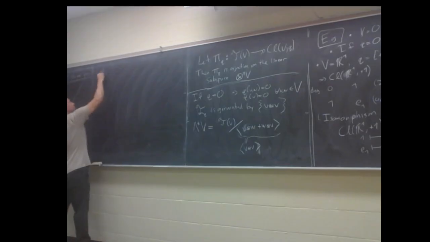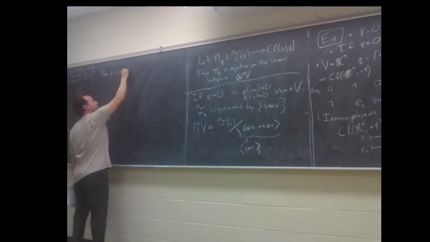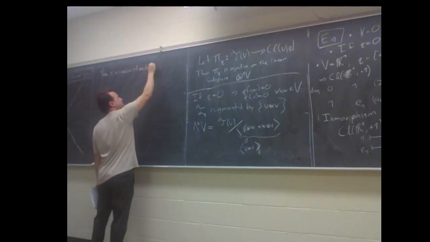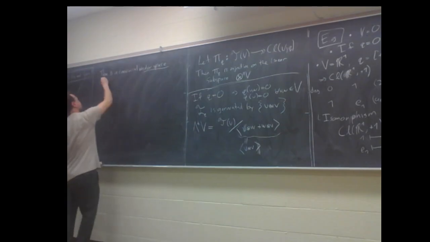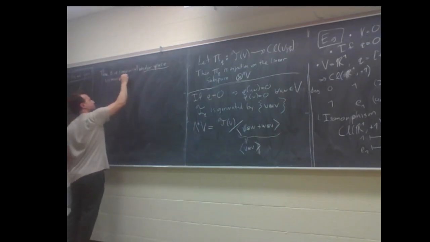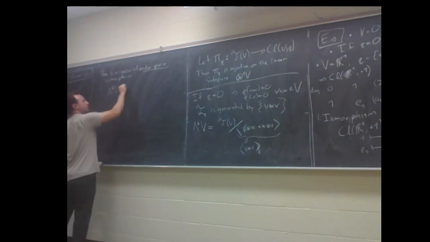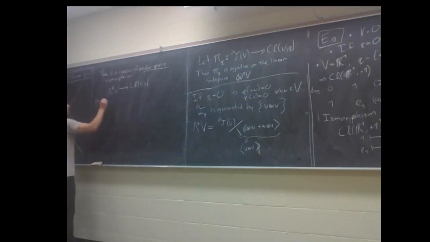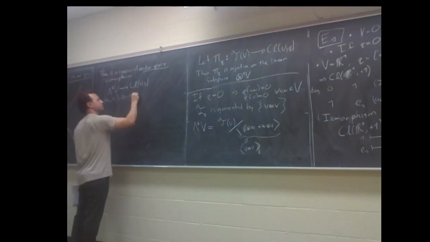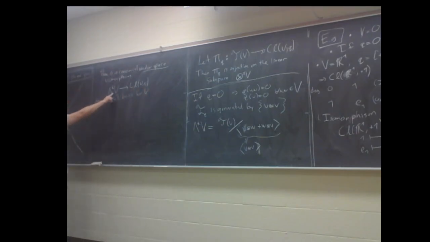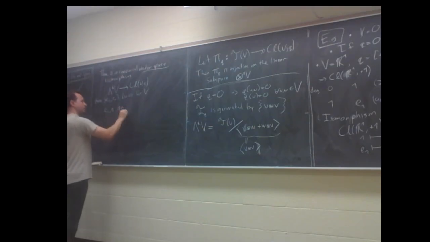Now I should mention there is a canonical vector space isomorphism from the alternating algebra on V to the Clifford algebra on V, given by choosing e1 up to en, a basis for V. An additive basis is given by wedge products of elements in the basis, where the indices are strictly increasing.